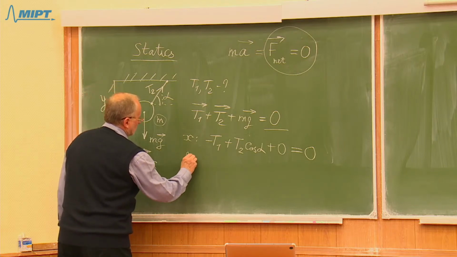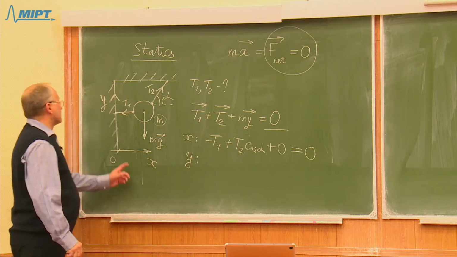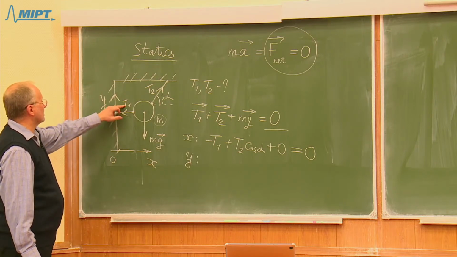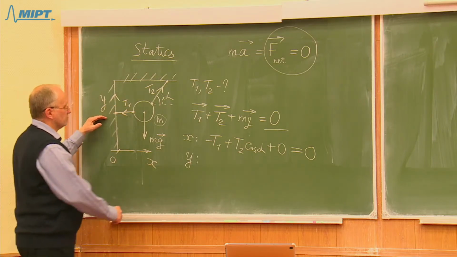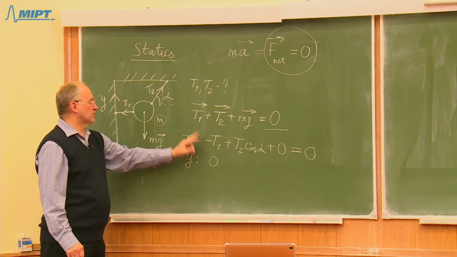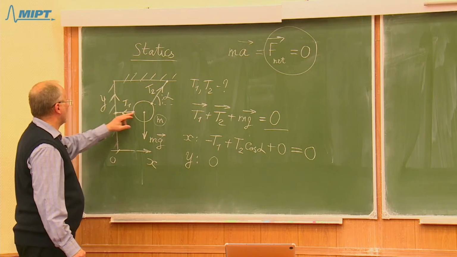Now, let's consider the projection on y-axis. In this case, vector T1 will have 0 projection. I put it 0 to indicate that T1 is already considered.